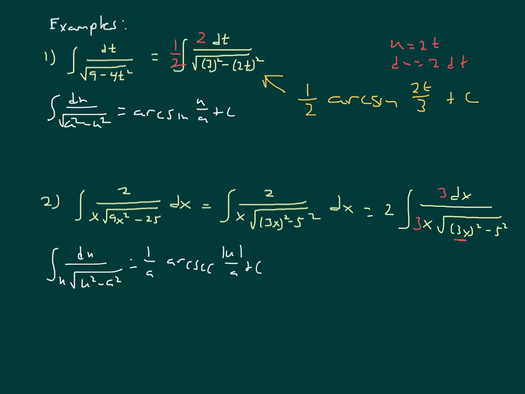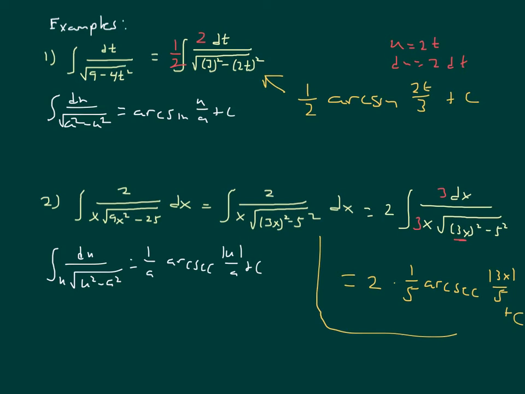And so by applying this formula here, I know that this integral is going to equal 2 times 1 over a, so 1 over 5, times the arc secant of the absolute value of 3x over 5 plus that c at the end.